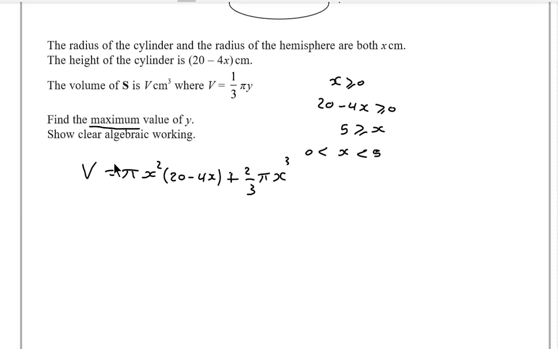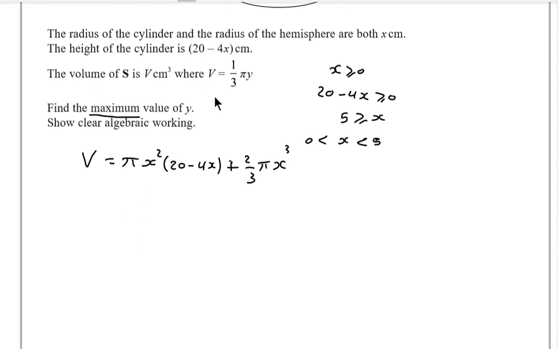Now we can put V equals 1/3 pi y, or pi over 3 y, right? We can also keep pi away here and expand x squared to be 20x squared minus 4x power 3, okay, plus 2 over 3 pi x cubed.